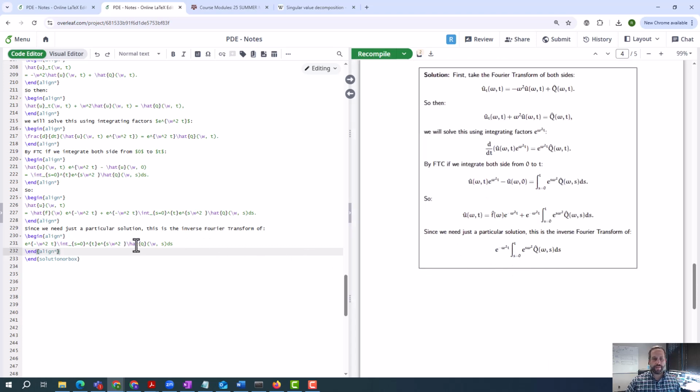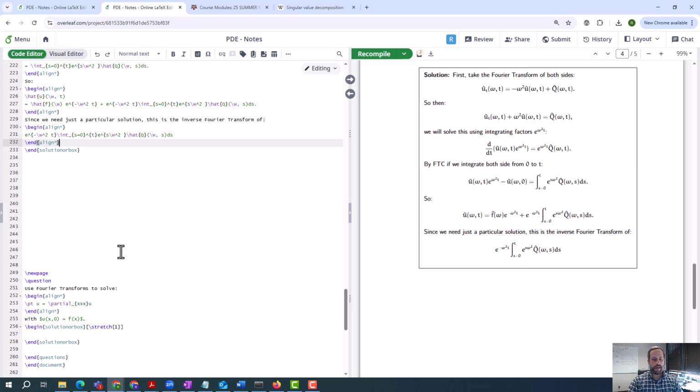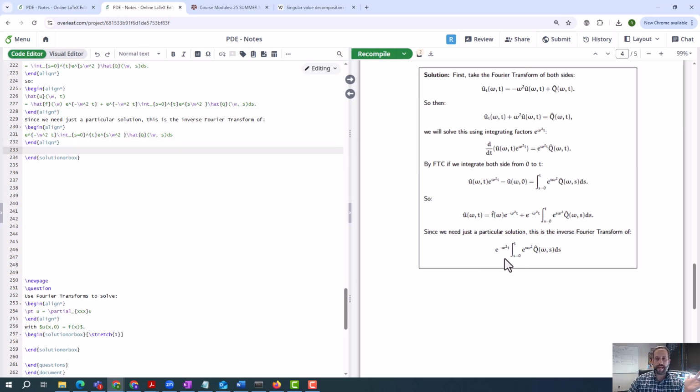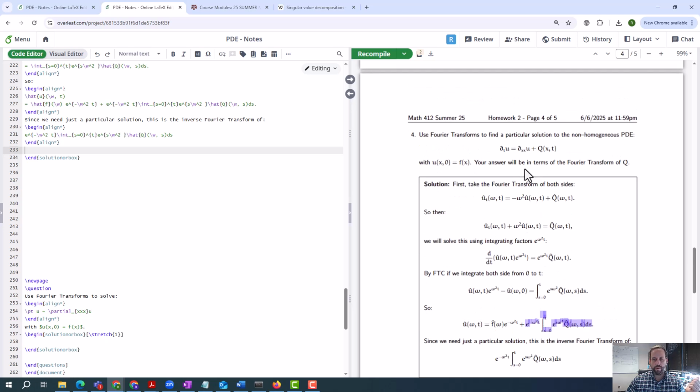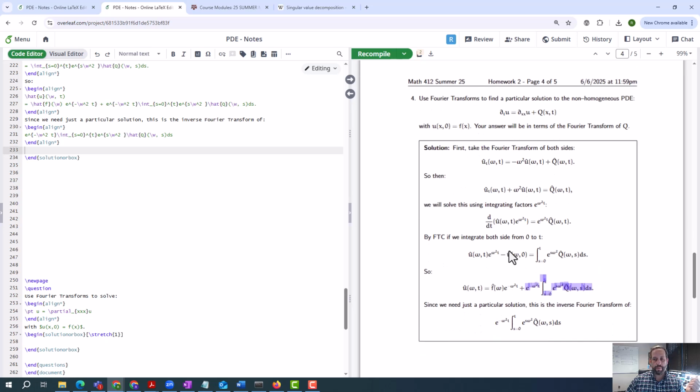Okay, so the inverse Fourier transform of that. And think about what I'm saying here. We only care about the particular solution. This solution right here is a solution to the diffusion equation. And so this right here is going to be a particular solution to this non-homogeneous problem here, right? But it's not going to satisfy this property here.